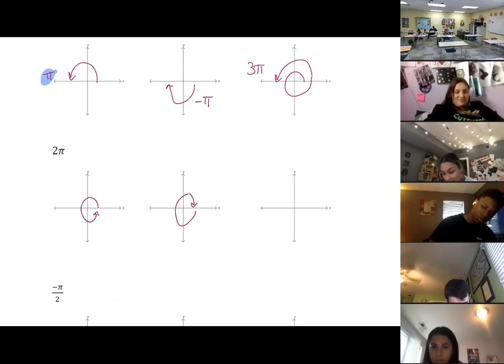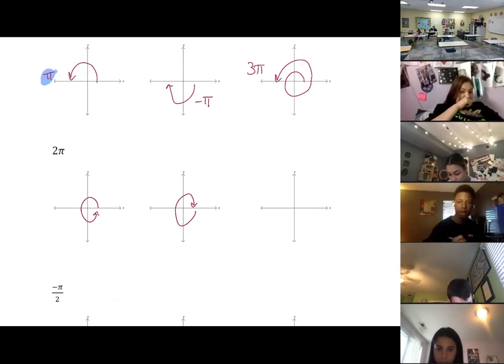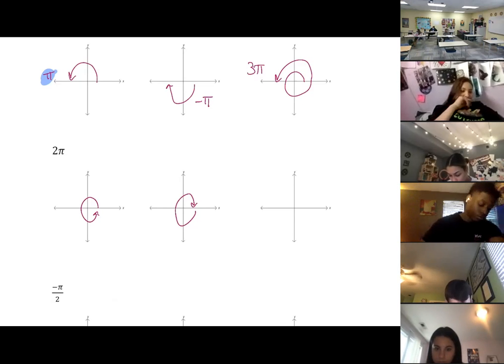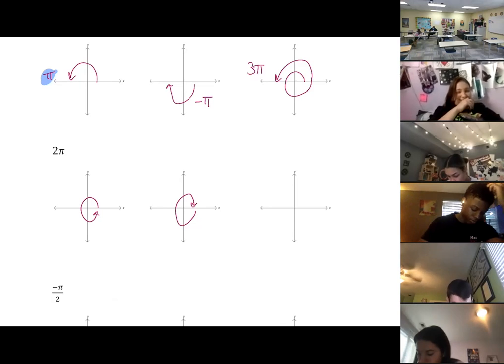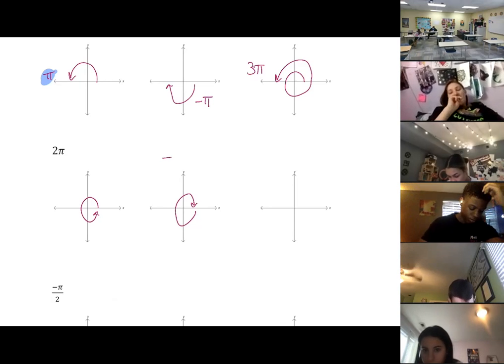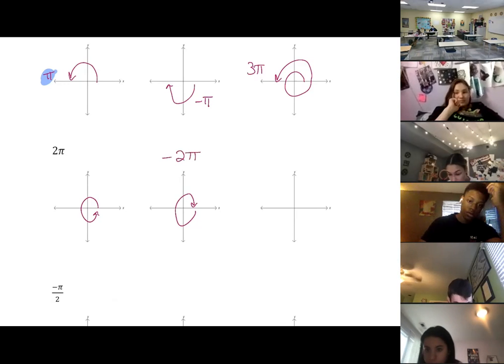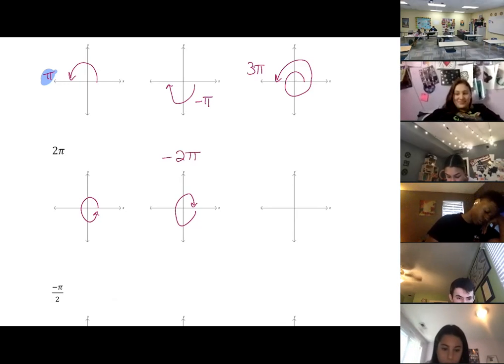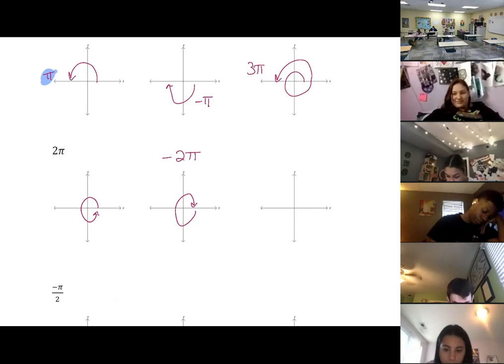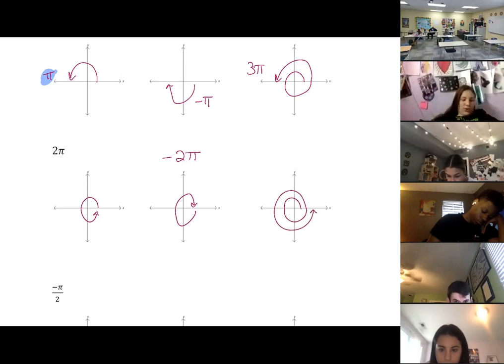So it is negative. Did I just turn 0 radians? Negative what? Negative one rotation, so it's negative 2 pi. If 2 pi is one rotation, 4 pi would be 2 rotations. Yeah, okay.